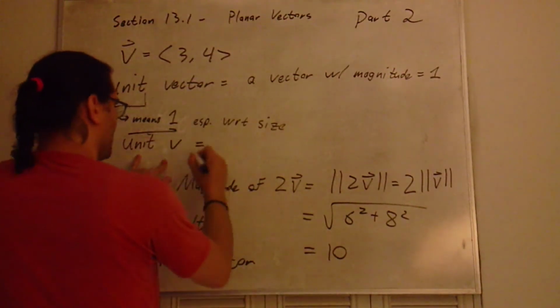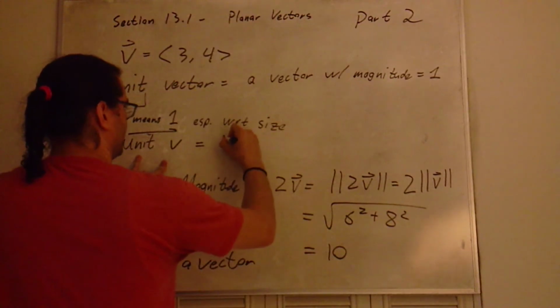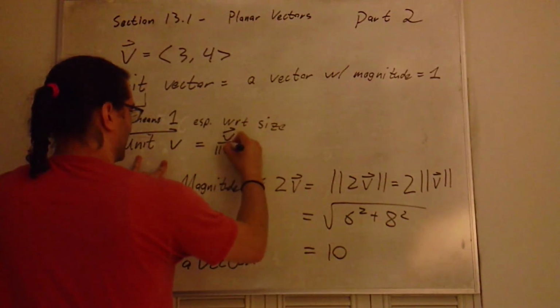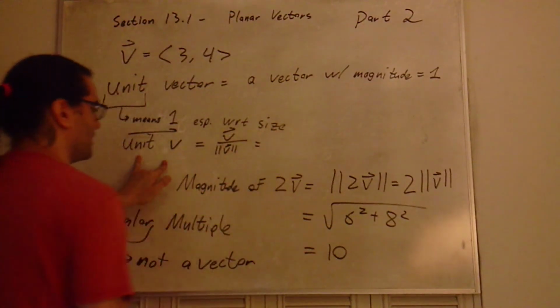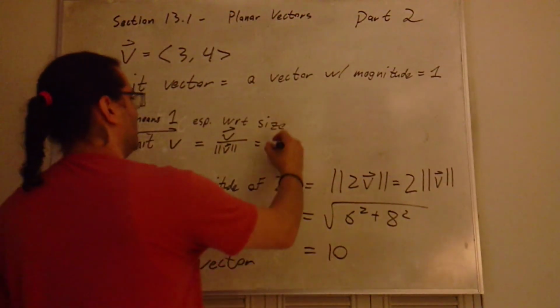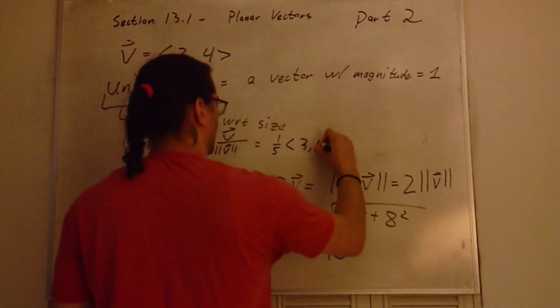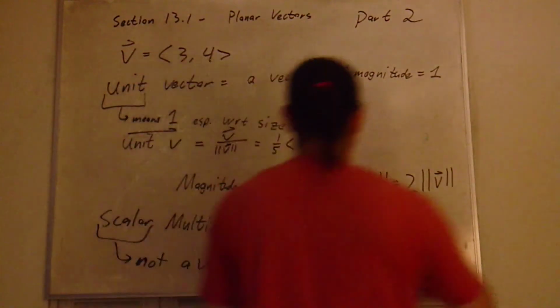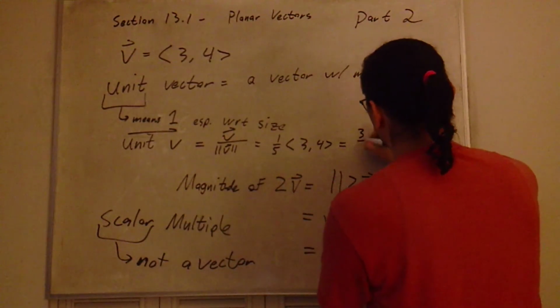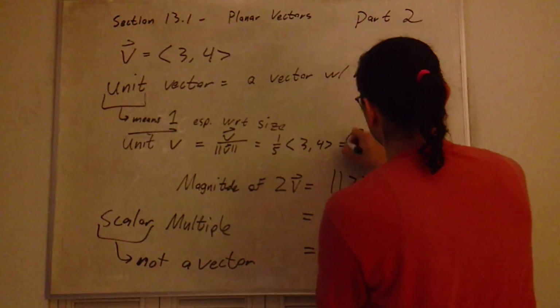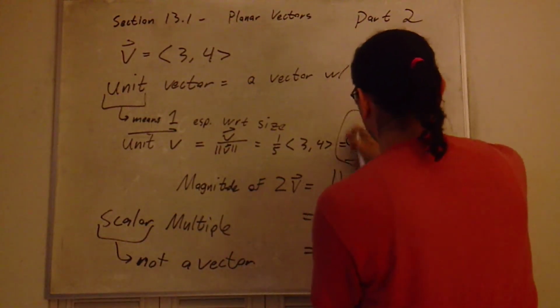Unit v is the vector v divided by the magnitude of the vector v, which in our case will be 1/5 of 3 comma 4, which is 3/5 comma 4/5.